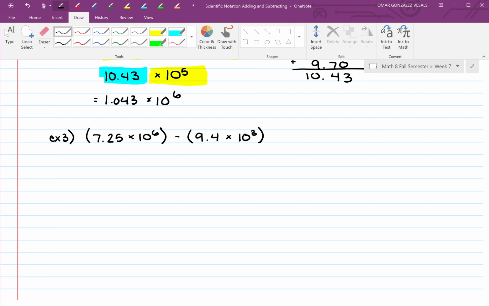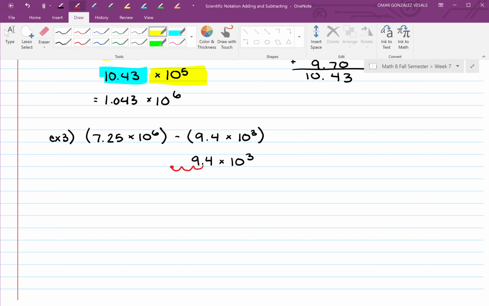Go ahead and do it, guys. I'll give you guys some time. Okay, let's see. Let's call on somebody. Let's go with Esmeralda. Can you help us out? How many times are we moving the decimal? 3 times. So I'm going to go 1, 2, 3. So since I moved the decimal 3 times, what am I adding to this exponent right now?